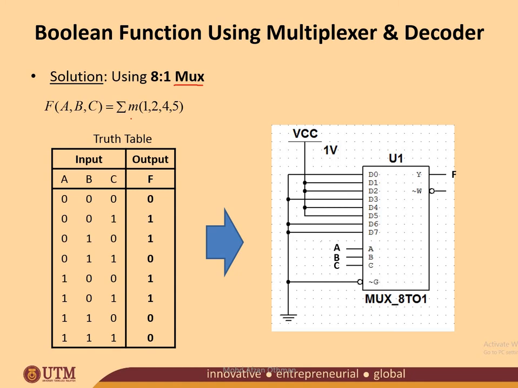Now, because it has 3 inputs, you have 8 possible combinations of inputs, because 2 to the power of 3. Then what happens to your function output? You have 1, 2, 4 and 5 as your shorthand minterms. So you will have 1 at each of these combinations of inputs: this is your 1, this is your 2, this is your 4, this is your 5.